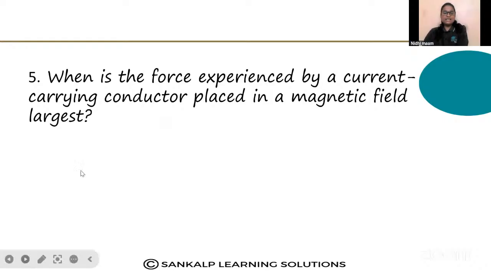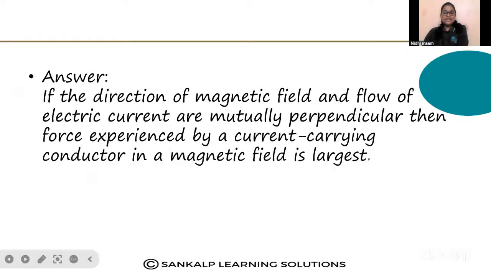So the answer for this is, if the direction of magnetic field and flow of electric current, see, direction and the flow, when they are perpendicular to each other, the force will also be maximum ಅಂತ. So this is about the question and answers on magnetic field of electric current.